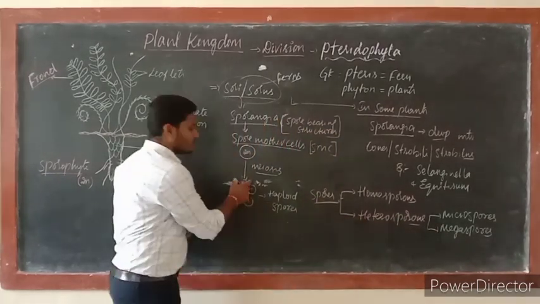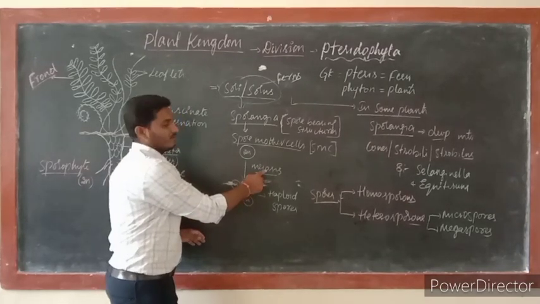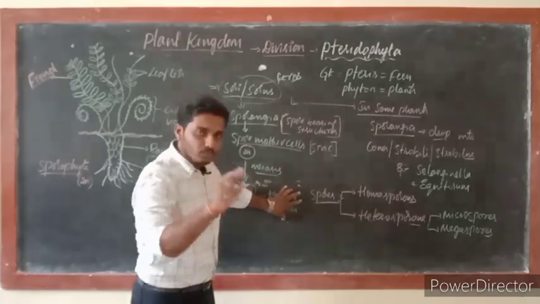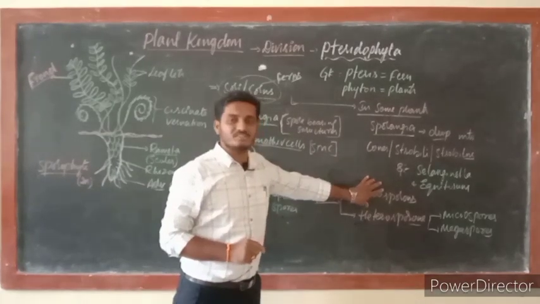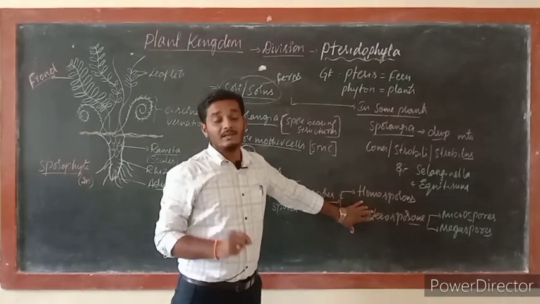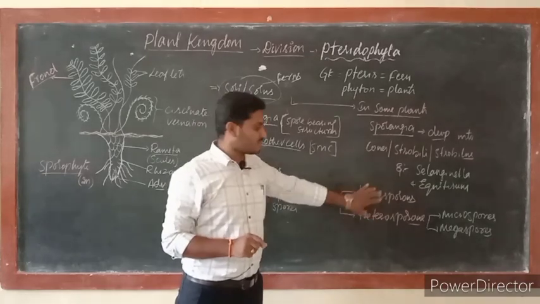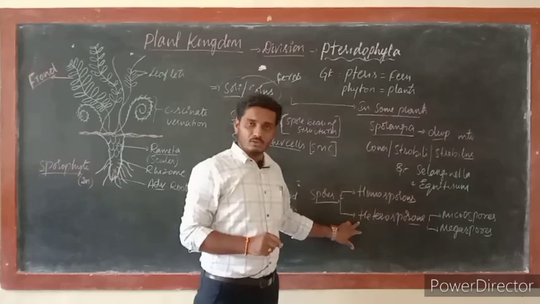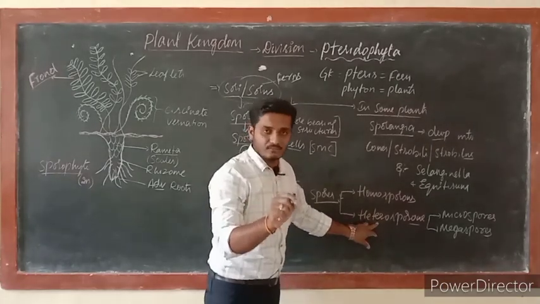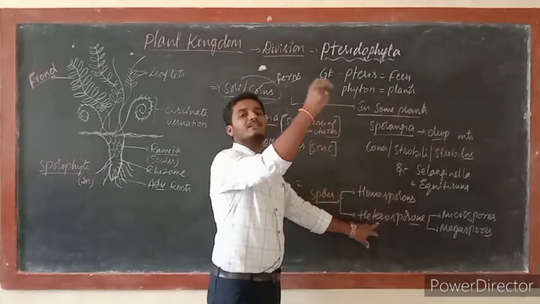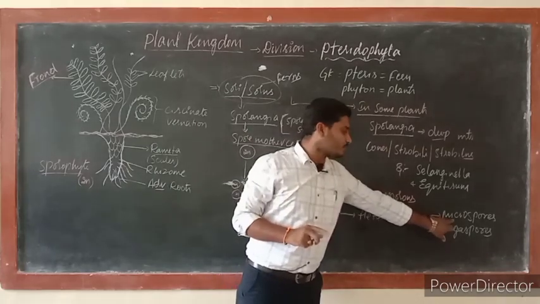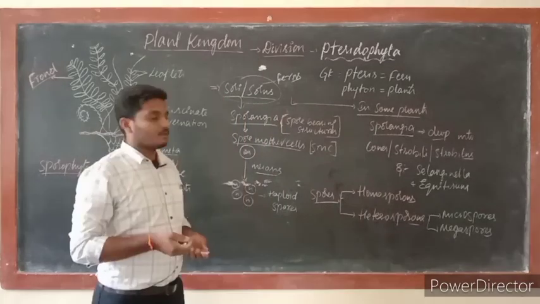So the spores formed because of meiosis from the spore mother cell are of 2 types, homosporous condition and heterosporous condition. The majority of Pteridophytes are homosporous, and few plants are heterosporous. Heterosporous refers to some of the spores being large and some small. That's what we call microspores and megaspores.